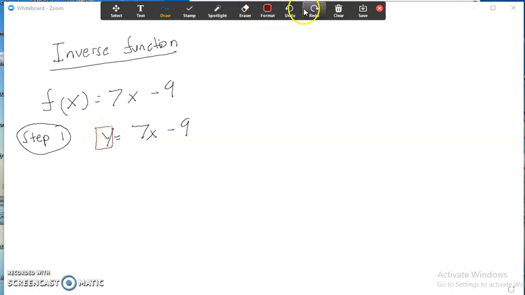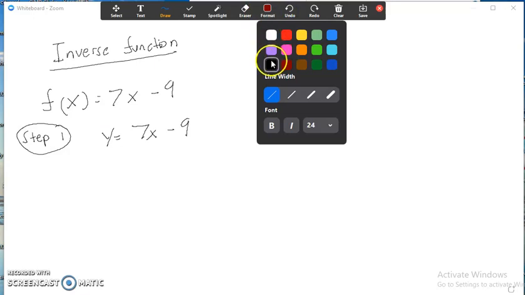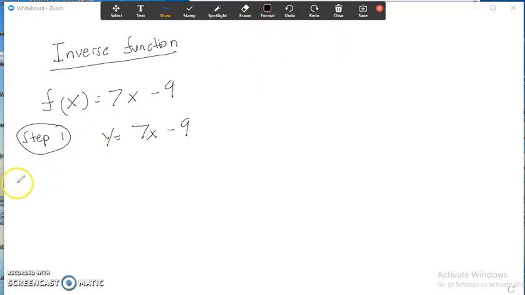Now secondly, your second step here, make x the subject. Make your x the subject.